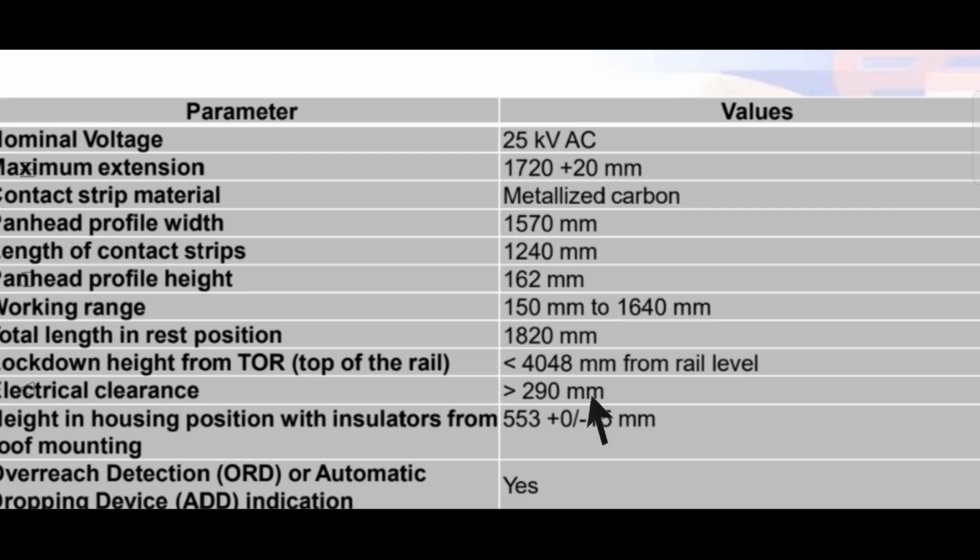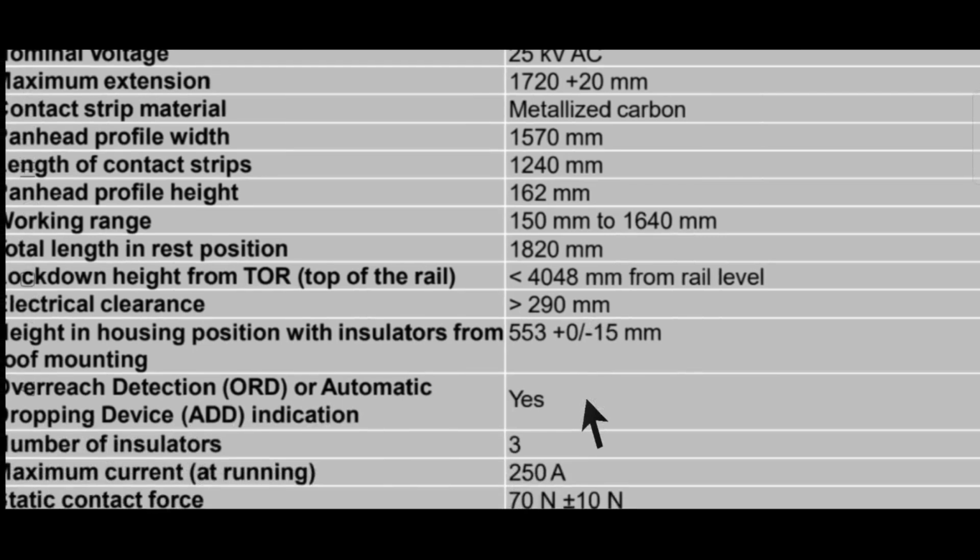Here we are talking about each and every electrical equipment on the roof, like we have the potential transformer, current transformer, pantograph, and surge arresters. So the electrical clearance should be greater than 290 mm for high voltage equipment. In simple terms, in between high voltage equipment, the electrical clearance should be more than 290 mm, right?